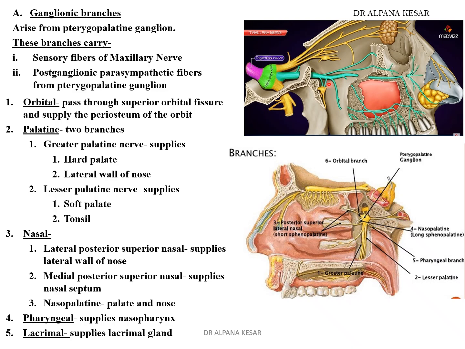Maxillary nerve, 2. Postganglionic parasympathetic fibers of pterygopalatine ganglion. The 5 ganglionic branches are orbital nerve, palatine nerve, nasal nerve, pharyngeal nerve, and lacrimal nerve.